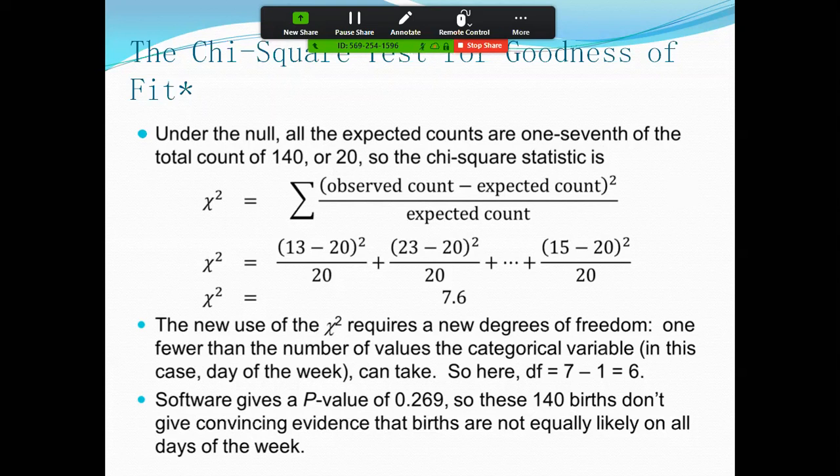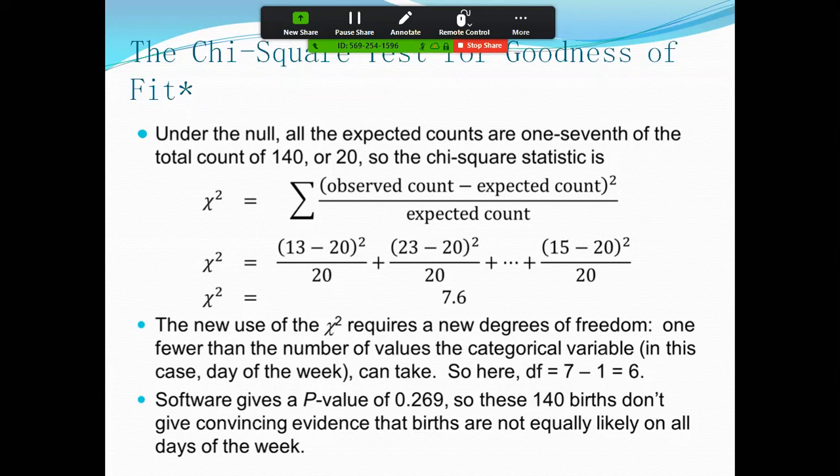So each group was expected to have 20 in it. Each group's observed count then takes away the 20 and squares the result. Because we are squaring, we get to add up positive values instead of negatives possibly canceling out. So again, we square like we did with the deviations a long time ago at the beginning.